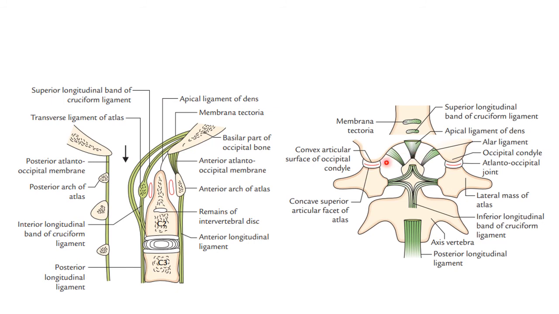Another ligament is the membrana tectoria. This is the membrana tectoria, and this is the posterior longitudinal ligament. The membrana tectoria is an upward continuation of the posterior longitudinal ligament.